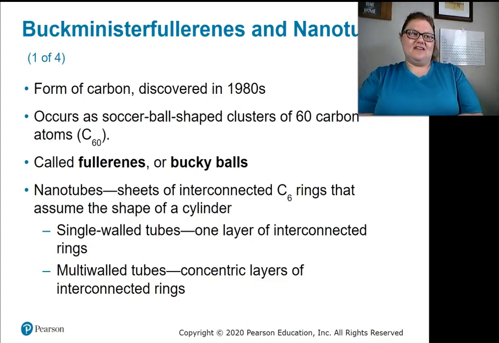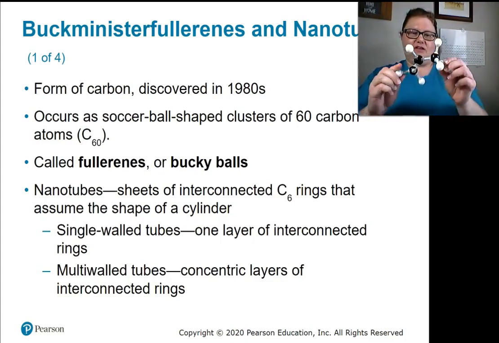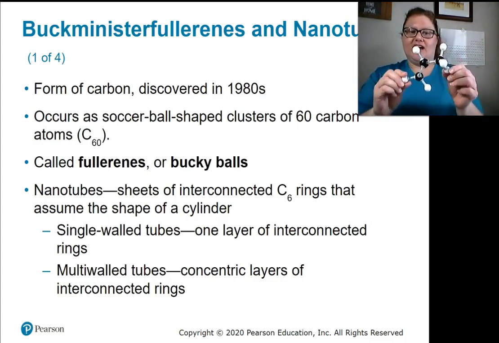Okay, so this is the materials part of the chapter where we're looking at more modern materials that have come about. Buckminsterfullerene and nanotubes. These were different forms of carbon. Carbon is pretty special because of how it forms bonds and it pretty much gets along with a lot of different atoms.